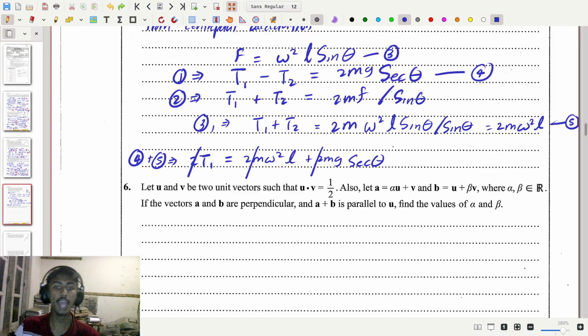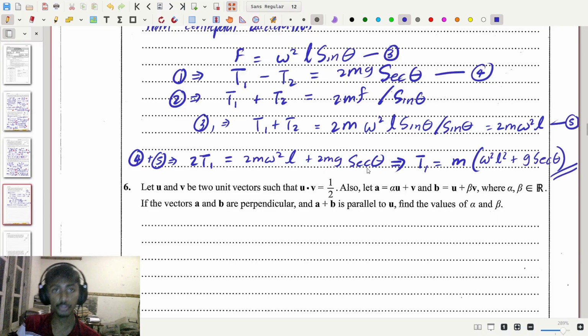So therefore we have our answer. All we have to do is the simplification, and we get T1 equals m times omega squared L plus g secant of theta, and that is the final answer to this question.